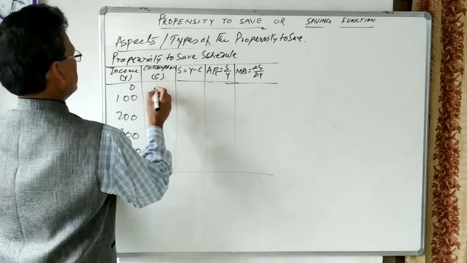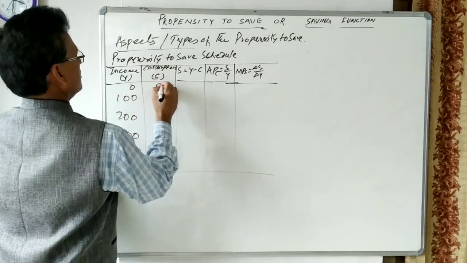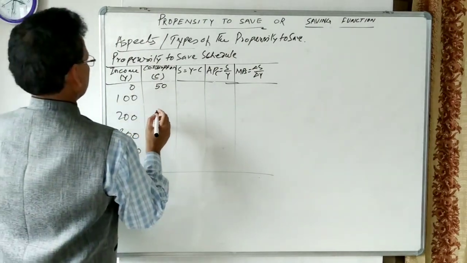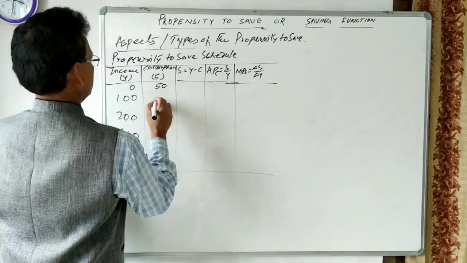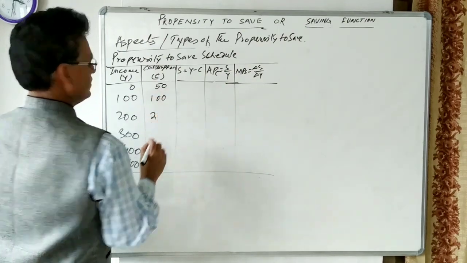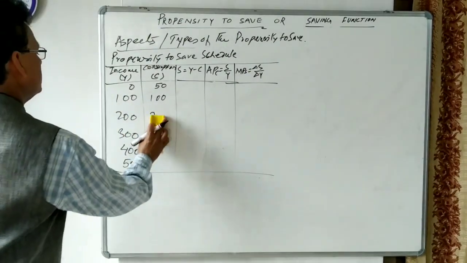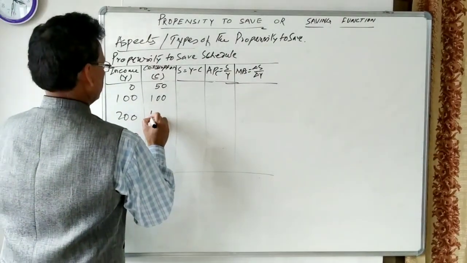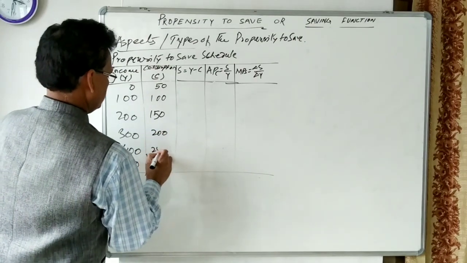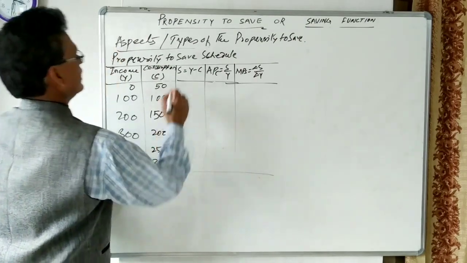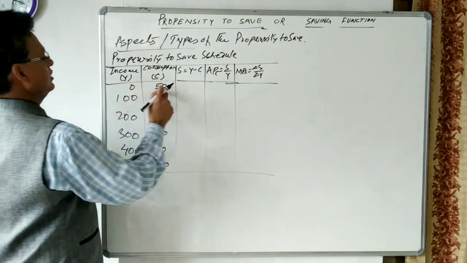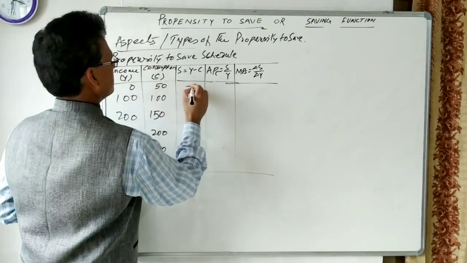Let us take consumption: 50, 100, 150, 200, 250, 300. Let us see how much the saving will be. Saving is equal to income minus consumption: 0 minus 50 is minus 50, then 0, plus 50, 100, 150, 200. So negative saving means dissaving. Let us find the APS.